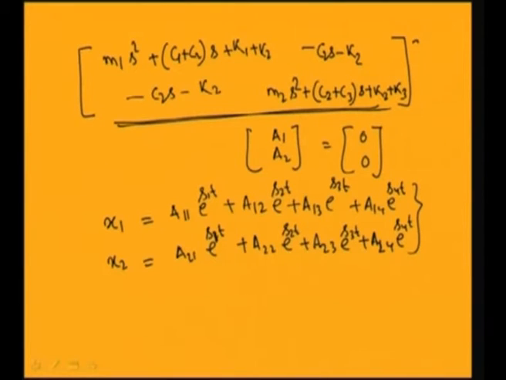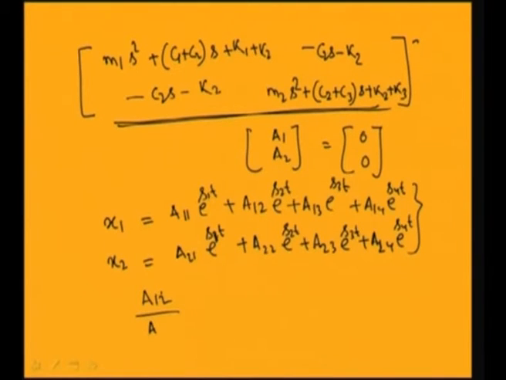You may note that these a1i and a2i are not independent. So they are dependent on each other, or linearly dependent. So after finding these 4 roots from this equation, for the first set of roots, you can write this into a1i plus this into a2i equal to 0.